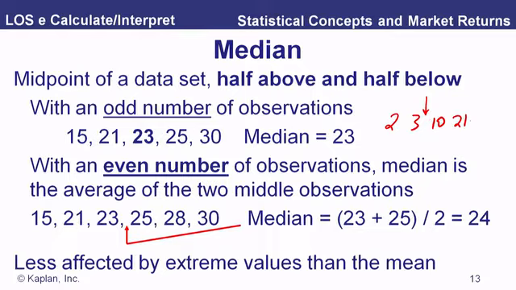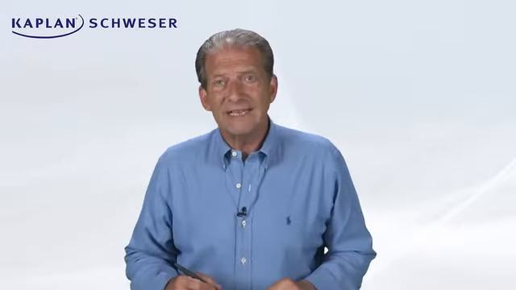Now look what happens if I change this observation from 21 to 21 million. What's the median? It's still the midpoint between 3 and 10. Hasn't moved at all. What's happened to the mean? Well, I don't know, but it's really, really big now, the average of those four numbers.